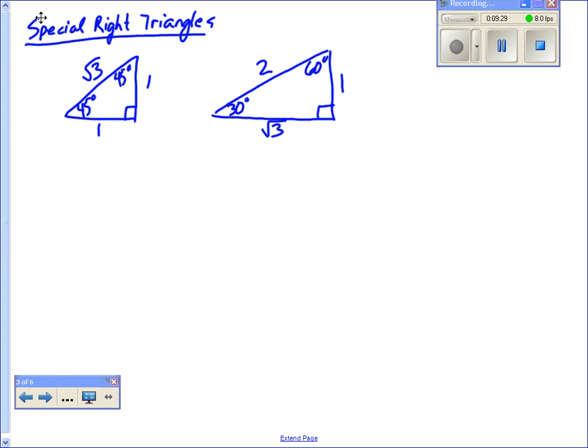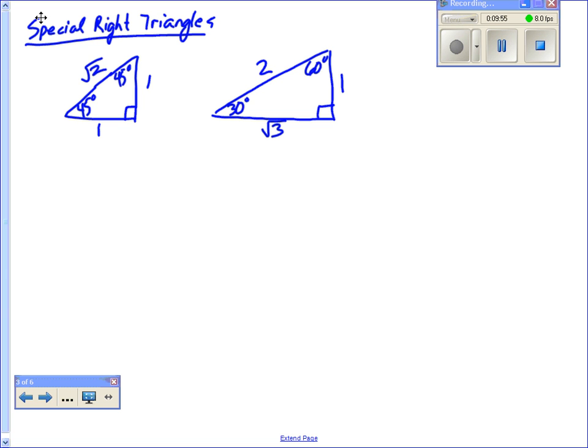And then that other one, of course, is 1, 1, root 2 on the 45, 45, 90. So there's your special right triangles, if you guys can remember those. You got your 45, 45, 90. You got your 30, 60, 90. Highly recommended to memorize that.